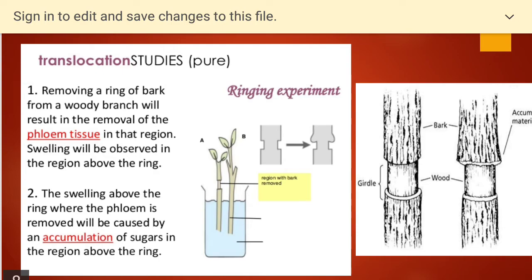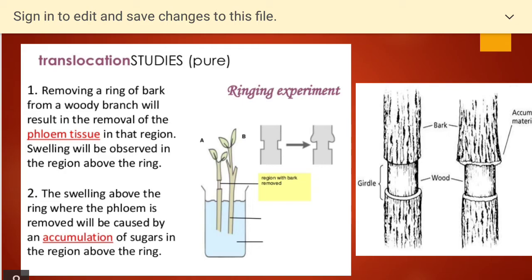Now there is one more experiment which we do to see what happens if the phloem is disturbed or damaged. Removing a ring of bark from a woody branch will result in the removal of the phloem tissue in that region. So what happens? The food is prepared in the upper part of the plant and it is traveling down.